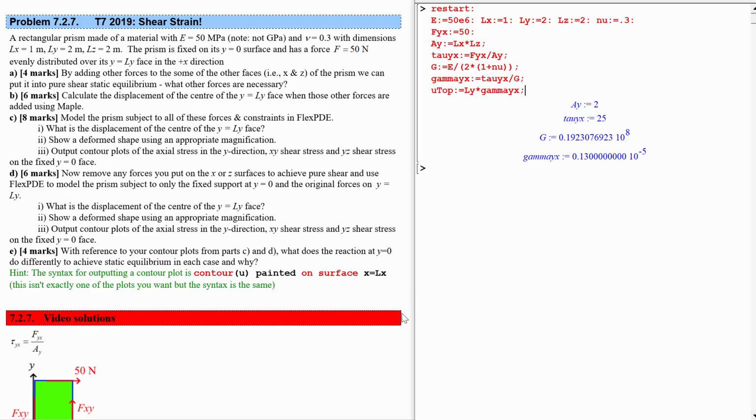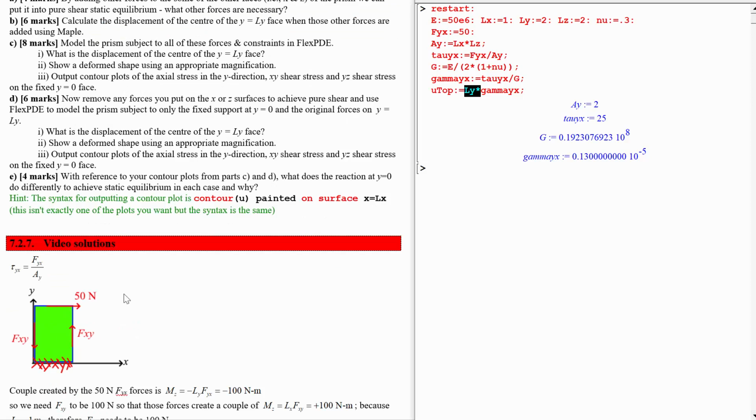Since we have no vertical displacement, all of the shear strain is going to be expressed as x displacement per step in y. So at the extreme far y surface, we're going to have the most x displacement, which is just Ly times gamma yx. And that's going to be 2.6 microns.